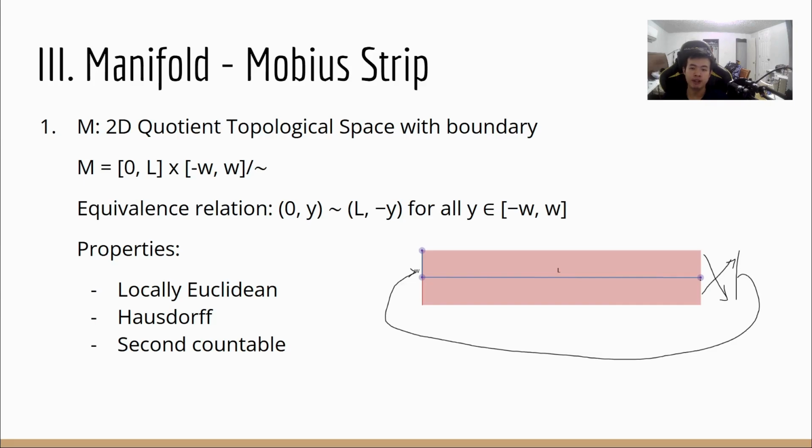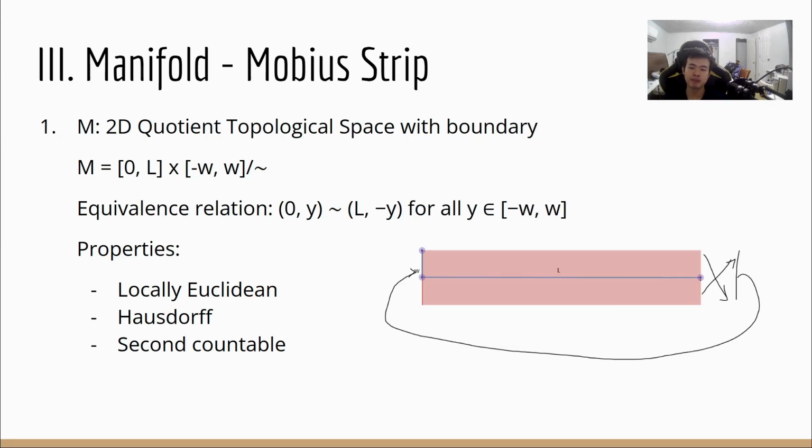And here we define M with one dimension going from 0 to L, and the other direction going from minus W to W, and the slash means that we apply the relation to both ends of the space, where one point on this end is the same as the other point on the opposite end.